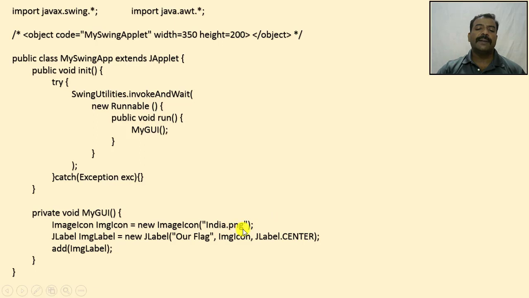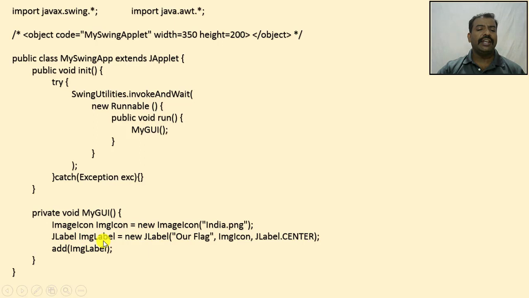And this is a PNG format file. You can make use of JPG or any other format of the image. But right now I'm using PNG, and so I'm giving the image name as india.png, and now this will be having the reference in the ImageIcon.